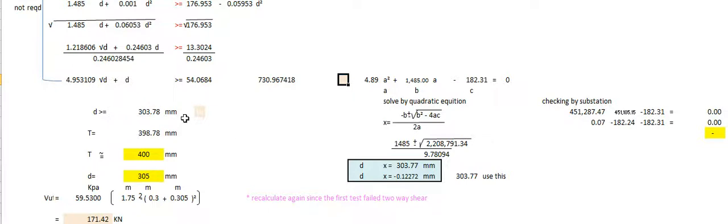Using the quadratic equation as shown, we calculated depth D is 303.745147505541.